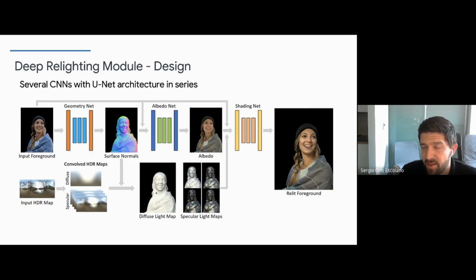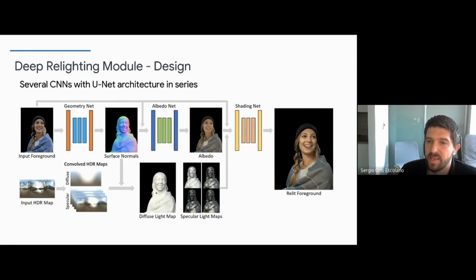The lower part of the diagram, however, shows one of the key new contributions of our work, which shows how exactly we supply the input lighting environments to the relighting network. The idea is based on the diffuse and specular convolution operations, and this is borrowed from previous works on real-time computer graphics.